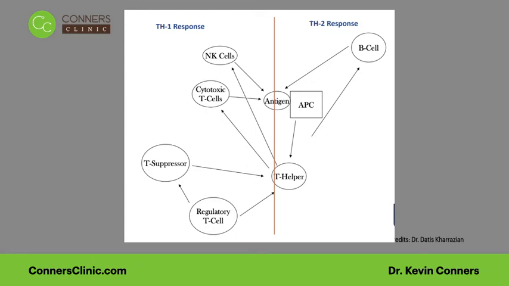So, kind of complicated. You might have to go through that several times, but this is how your immune system kills things. It's a good thing. It's not a bad immune system. It's trying to kill things.